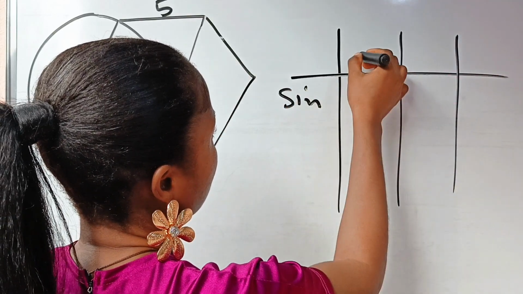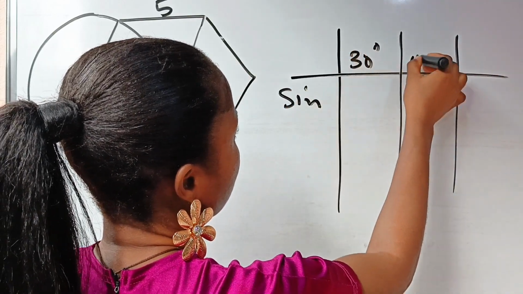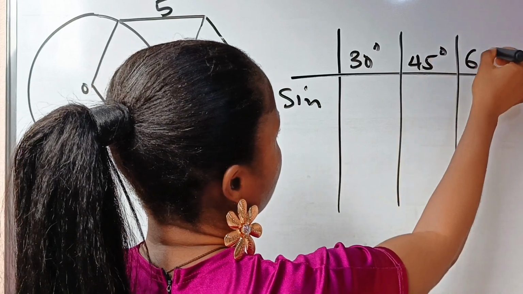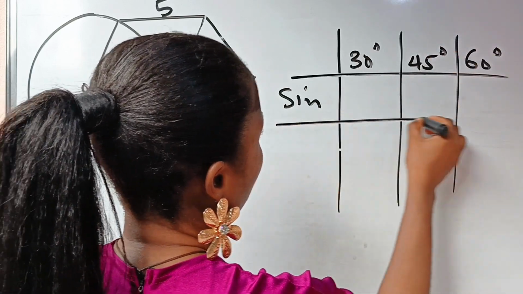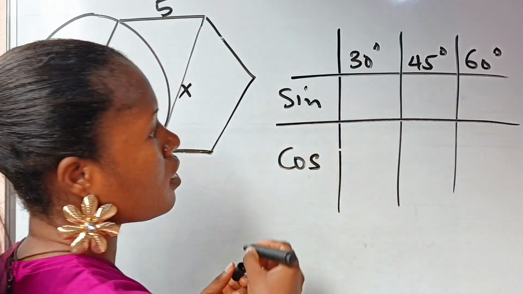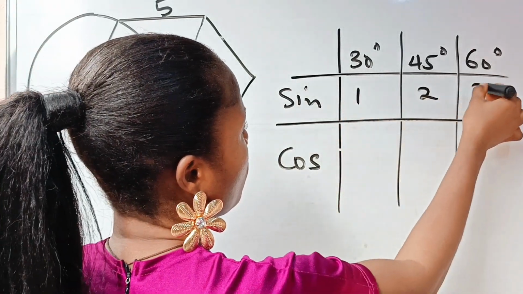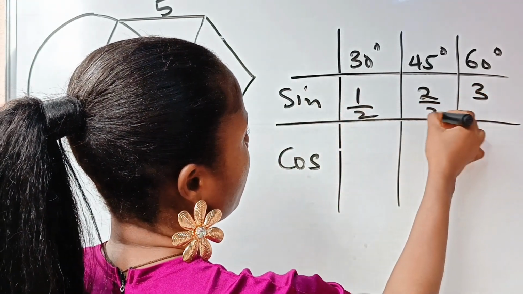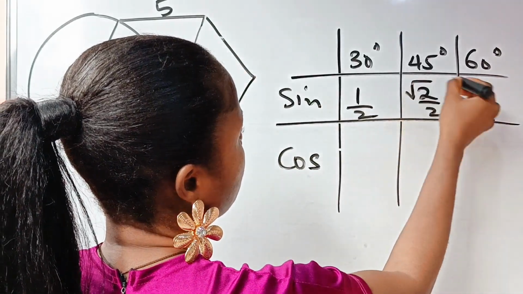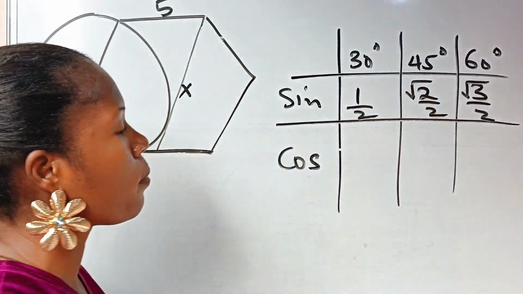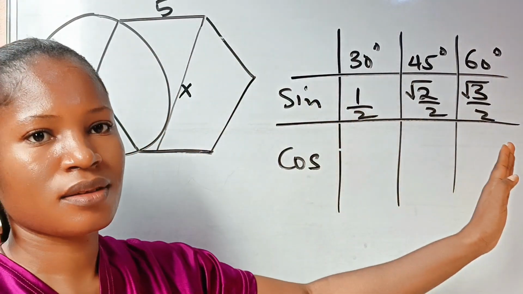This is sine of 30 degrees, 45 degrees, and 60 degrees, and this is for cos. Now let's derive that. I write 1, 2, 3 over 2, 2, 2. Now this is root and this is root. So that is it for sine.